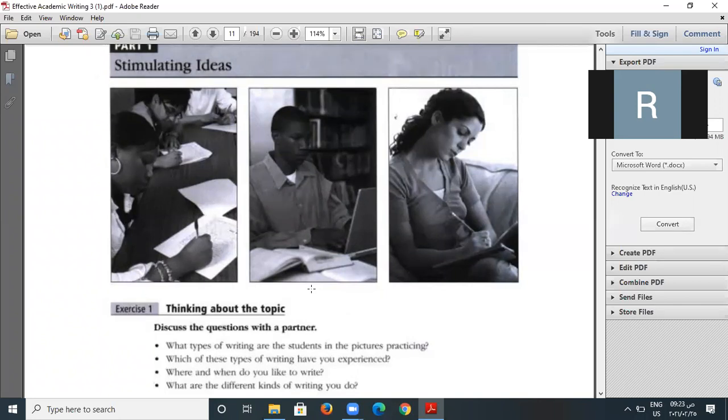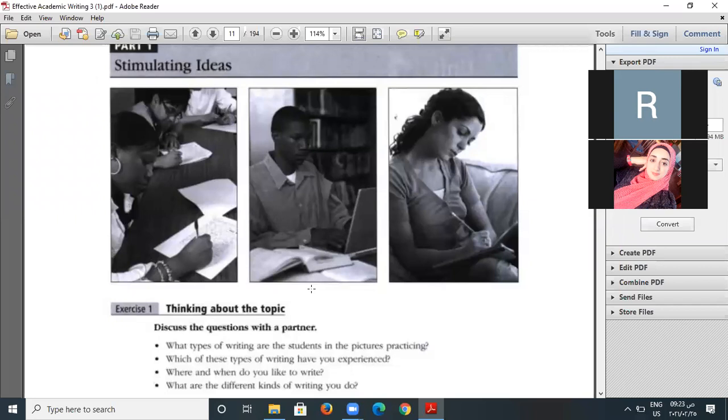Second picture, Nasreen. Yeah, maybe he's writing a report for academic writing, maybe a research paper. In picture 2, he is looking at the computer, maybe the internet.